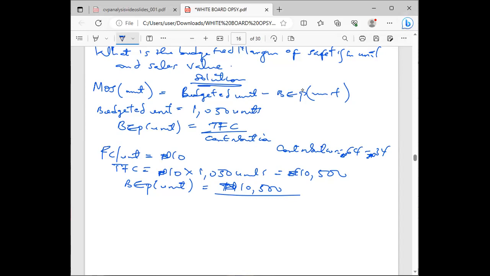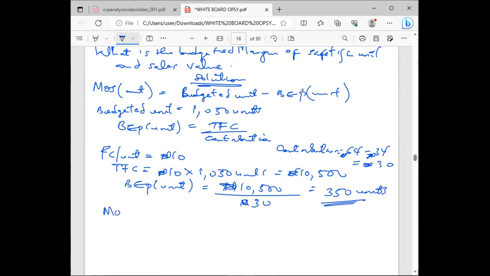If it is naira, put naira. If you fail to do so, the examiner will mark it down. If you just write 1,000 instead of 1,000 units, the examiner will ask himself, is this person trying to say 1,000 naira or 1,000 units? So this is 10.5 over 30 naira. When we divide, this will give us 350 units.